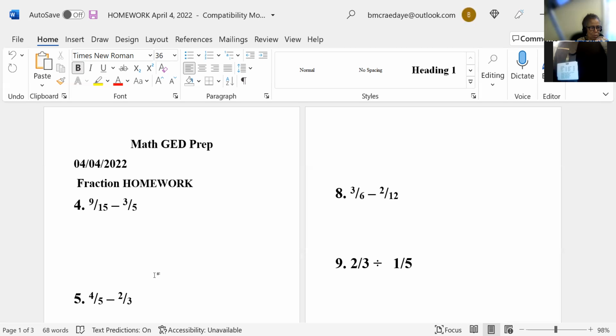Okay, so what are you going to make the least common denominator? What number, so that the denominator would be the same for both fractions? Like 3. Multiply both by 3, the 5 and the 3. Okay, so that would give you what?